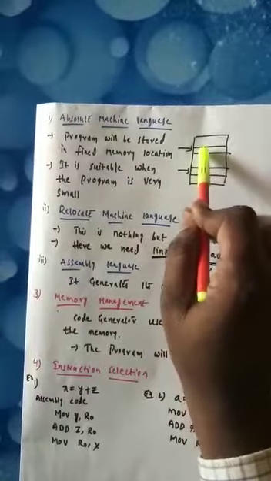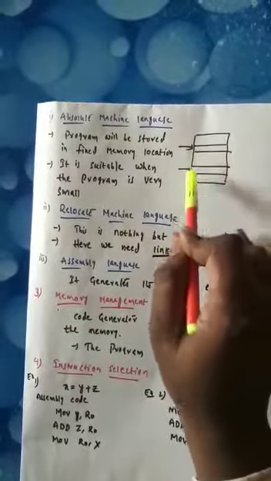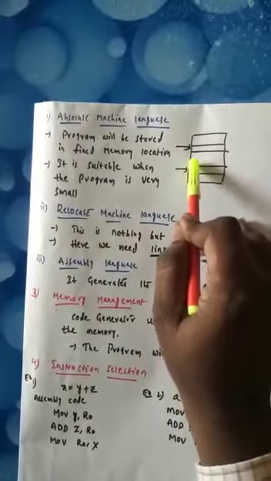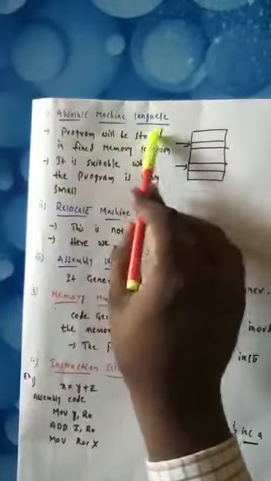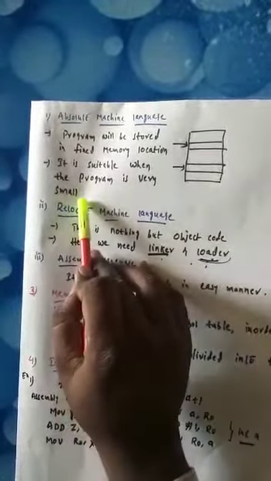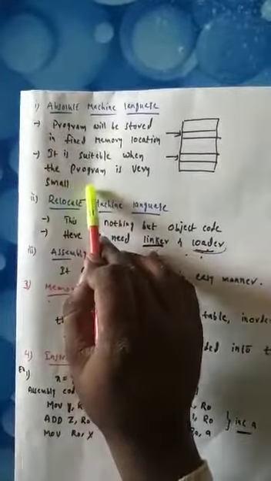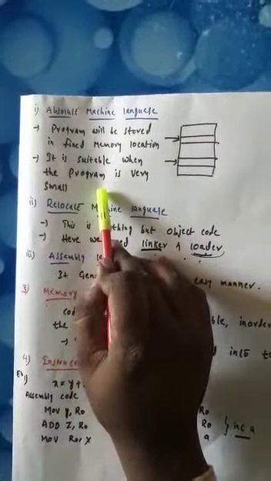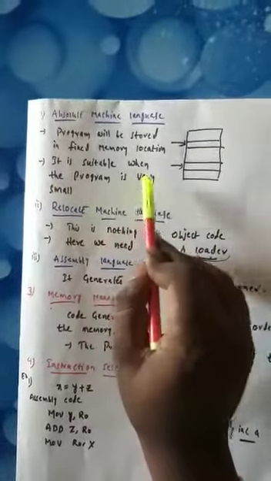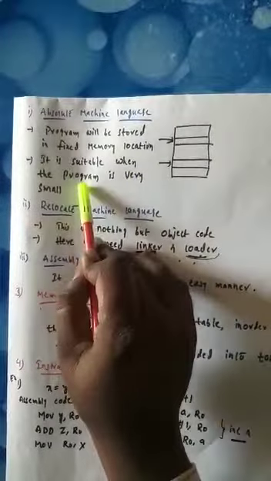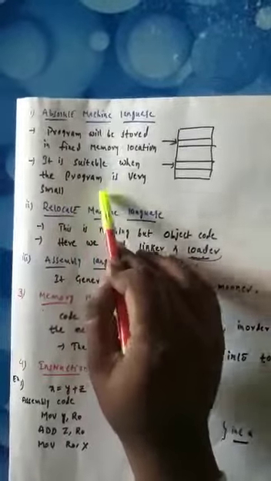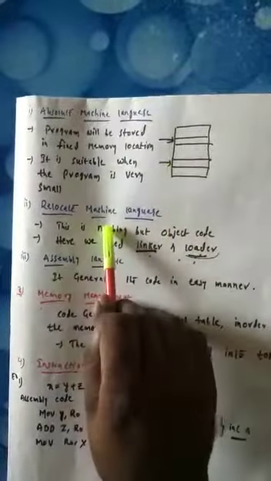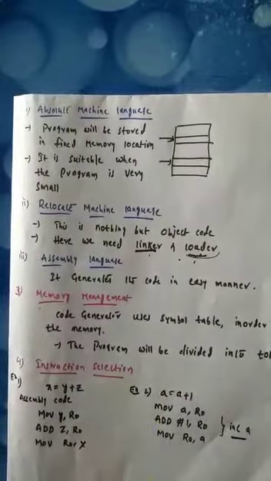The absolute machine language is suitable when the program is very small. If the program is very small, the compilation and execution are very fast.